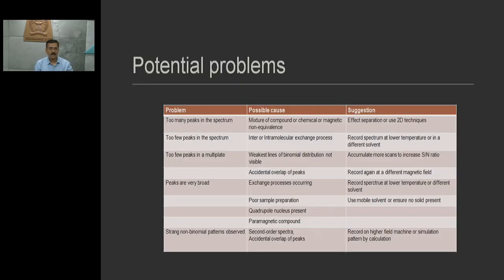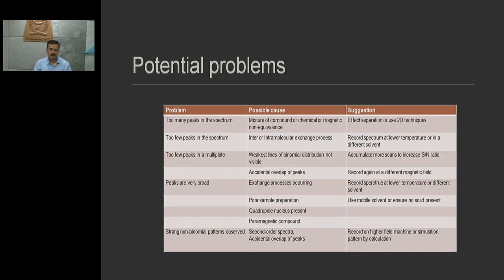And then the last points we should be aware of: what are the problems, what are the possible causes, and what we have to do. Suppose in the spectrum we get many signals, many peaks. That indicates a mixture or complex compounds with non-equivalence, so we go for effective separation and use a 2D technique. Secondly, suppose few peaks are present in the spectrum.